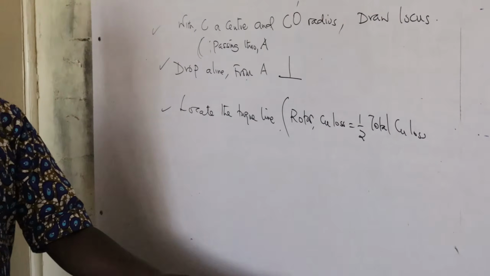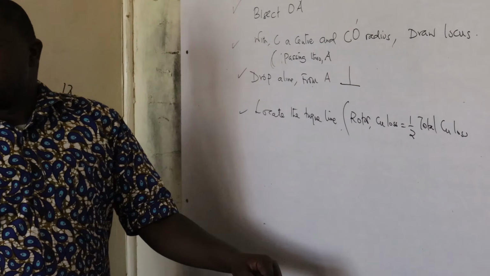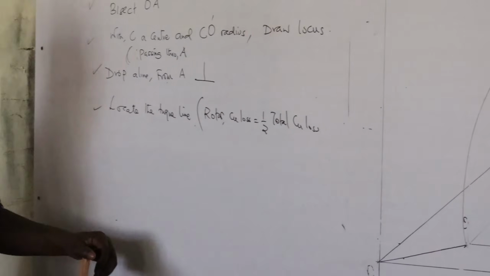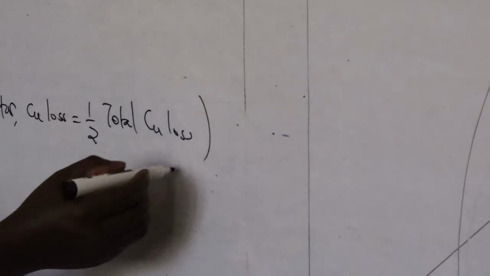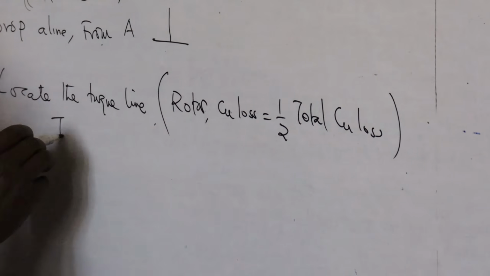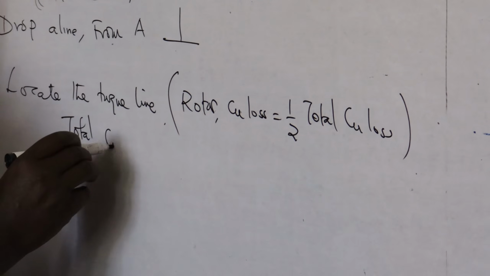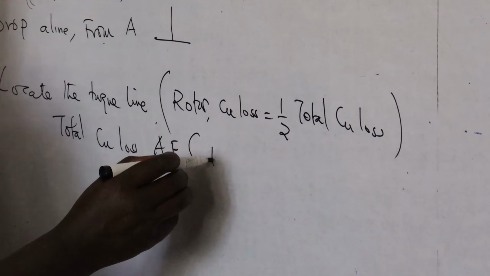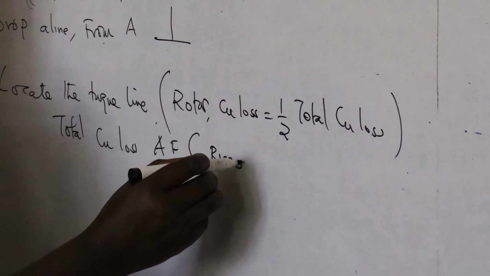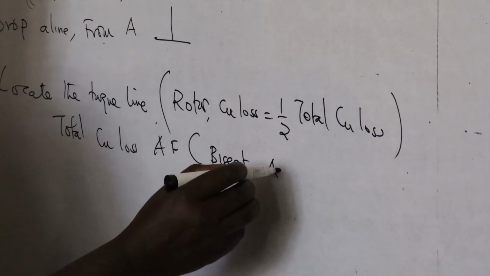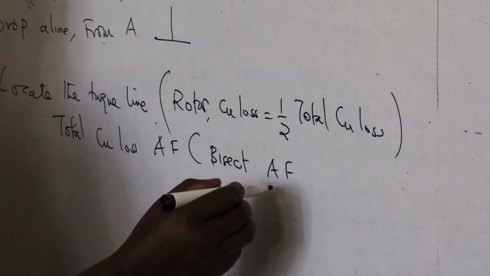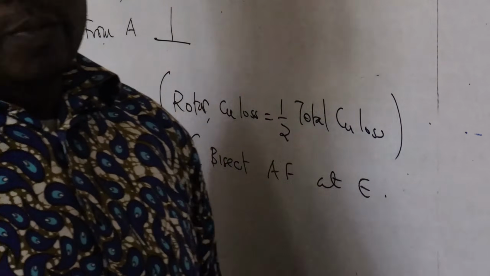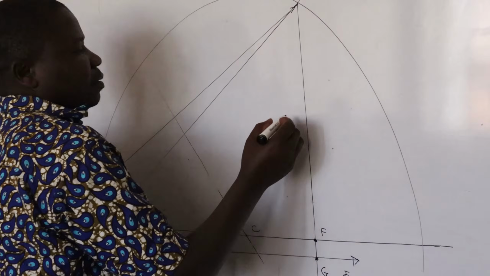So we need a line between A and F. That means bisect AF at point E.